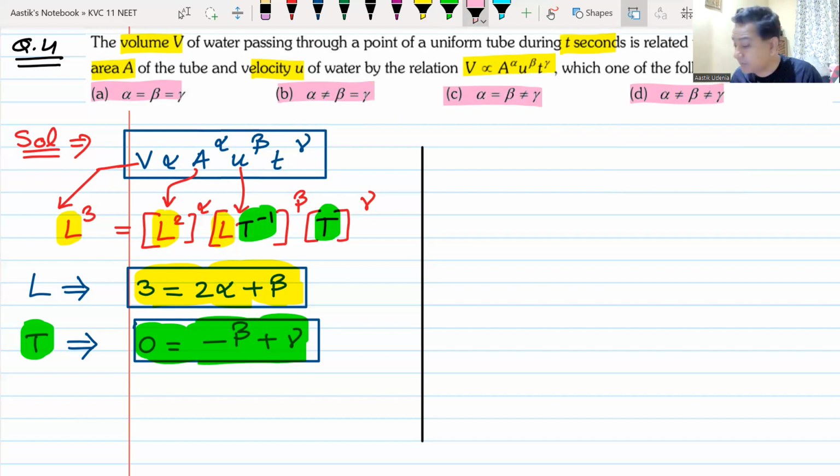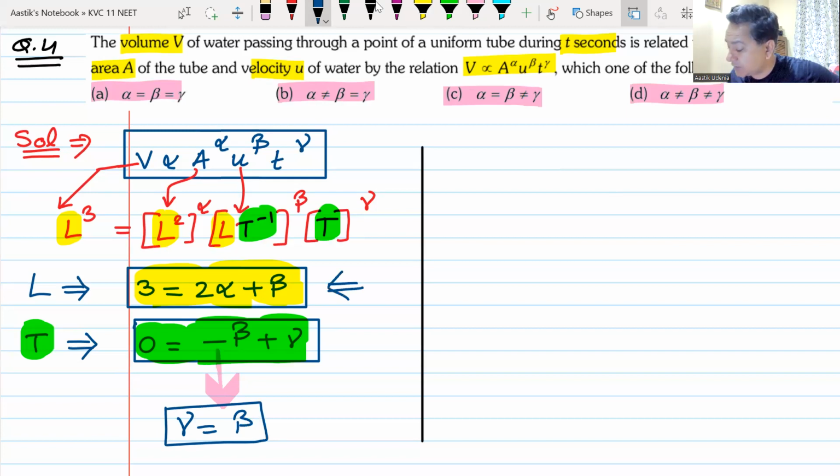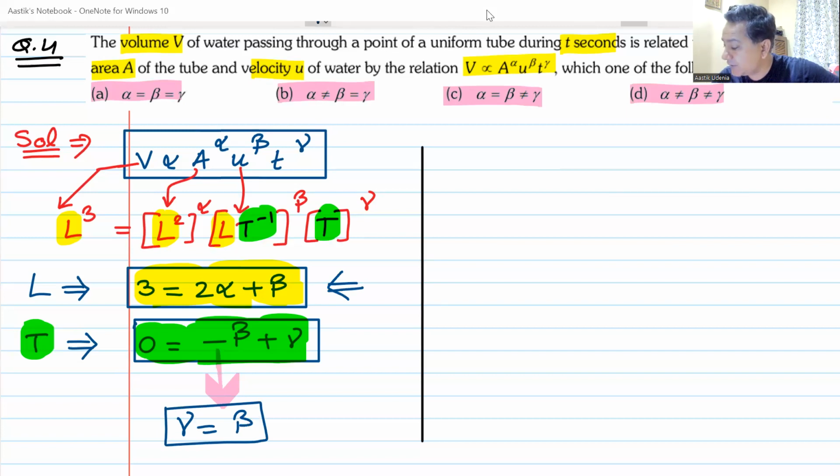That makes the problem simpler because from here I can see that my gamma and beta are equal to each other. Gamma is equal to beta. And if I look at this equation, my beta from this equation, and I will write it here.